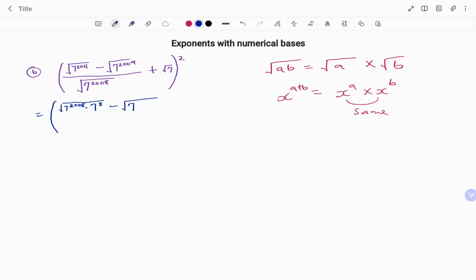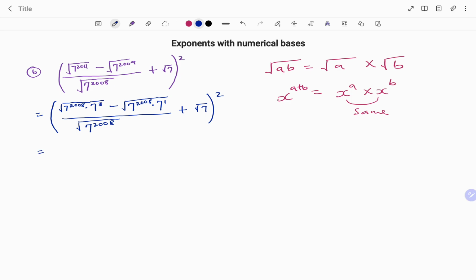I have 7 to the power of 2008 times 7 to the power of 1 all over root of 7 to the power of 2008. That remains the same, all plus root of 7 and all squared.